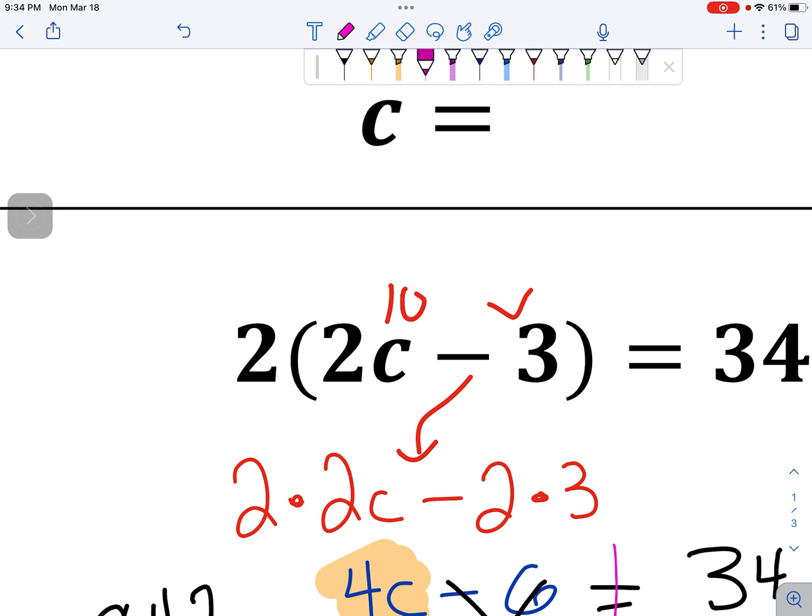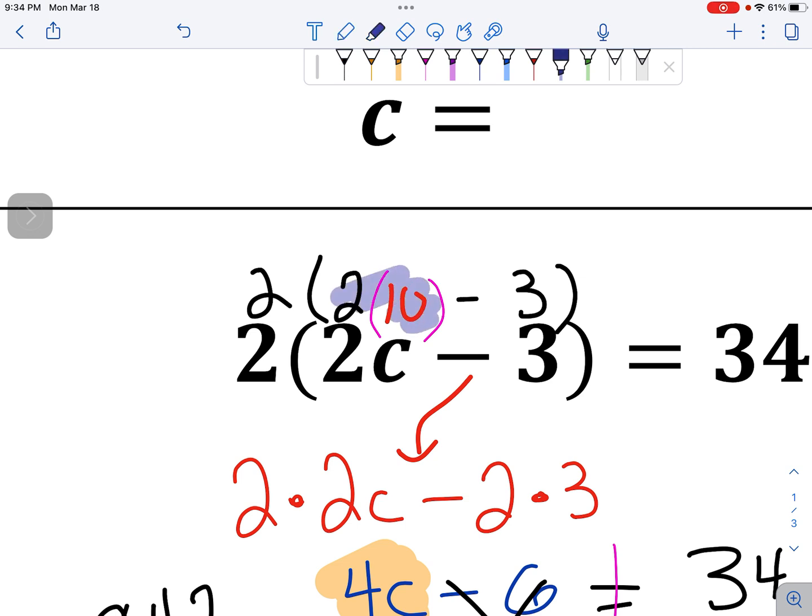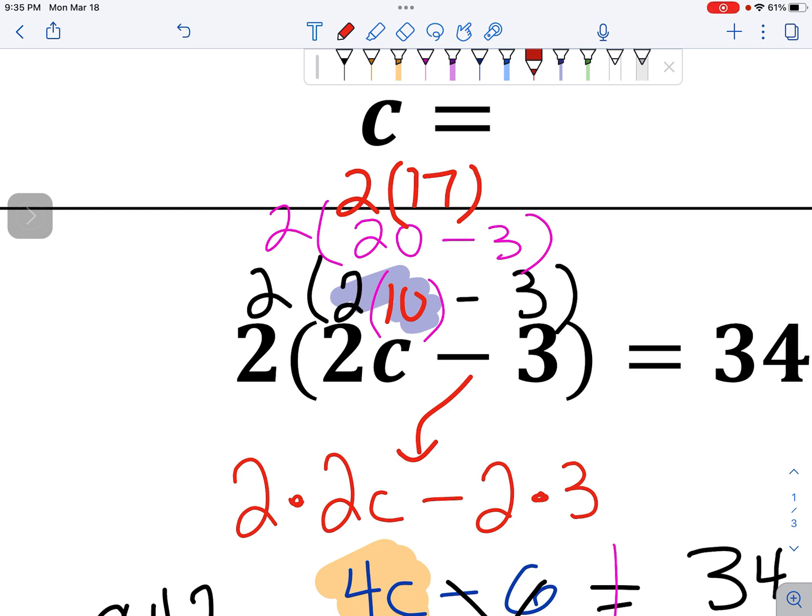This is a good place to put it in parentheses, and then everything else stays the same. 2 parentheses 2, oh my goodness, minus 3. So we have 2 times 10, that's 20, minus 3 in parentheses, with that 2 out in front. 20 minus 3 is 17. So this is now 2 times 17.